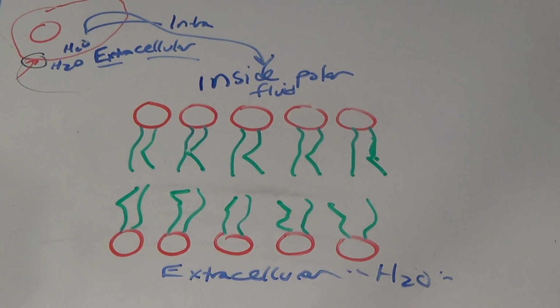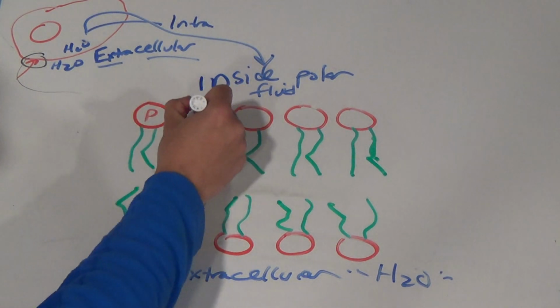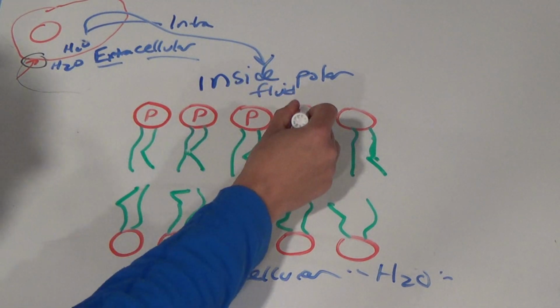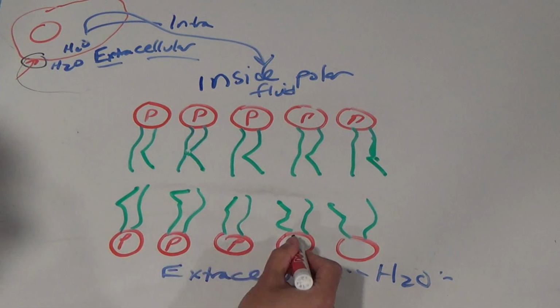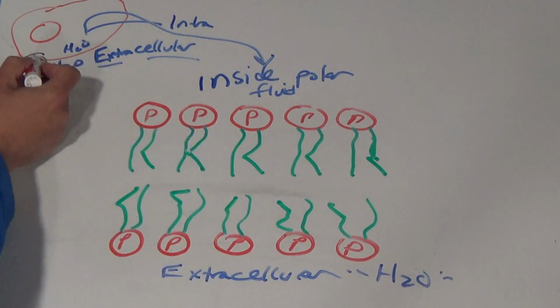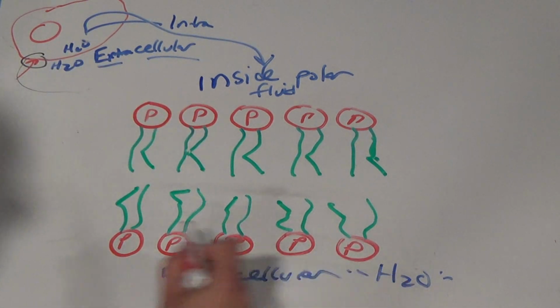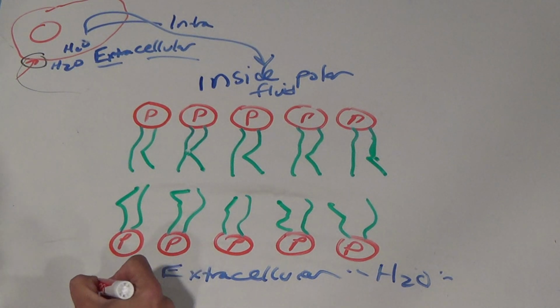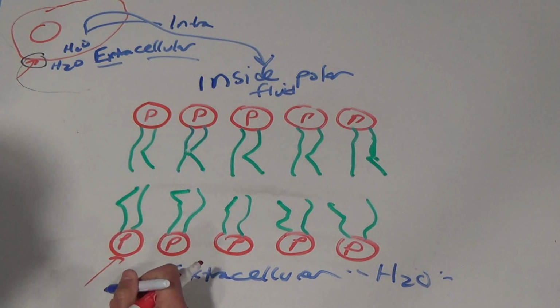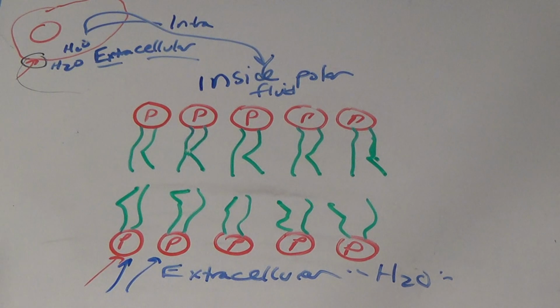So here's my question. Where do you think the polar region is? The polar region is right here. I'm going to put a P here. Why? Because the exterior region of the cell membrane needs to be able to interact with water. It has to be water friendly.